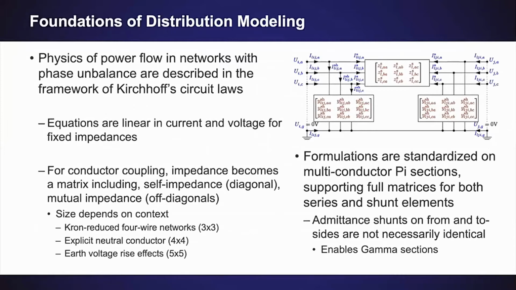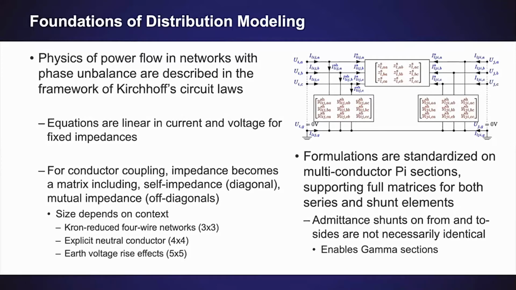For the coupling of neighboring conductors, the impedance becomes a matrix that includes self-impedance, the diagonals, and mutual impedance, the off-diagonals, where the size of the matrix depends on the context. For example, a Kron-reduced 4-wire network would be 3 by 3, networks with explicit neutral conductors 4 by 4, and we can even see 5 by 5 matrices where earth voltage rises are included.